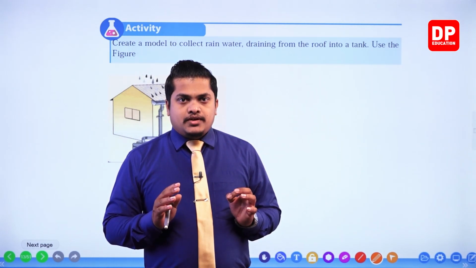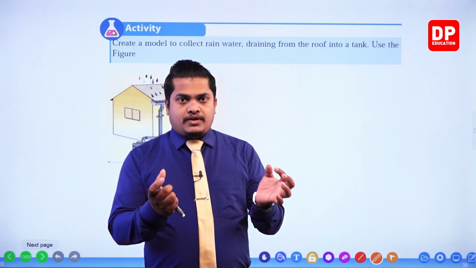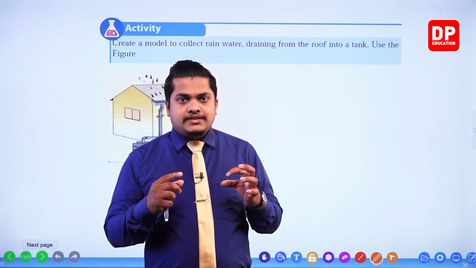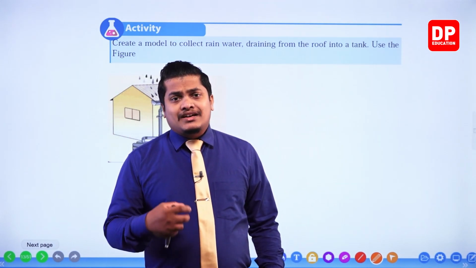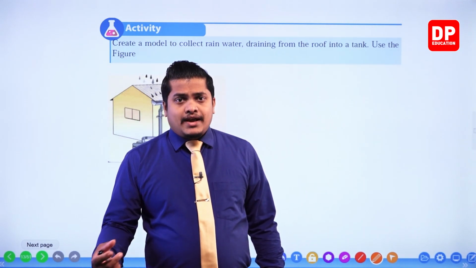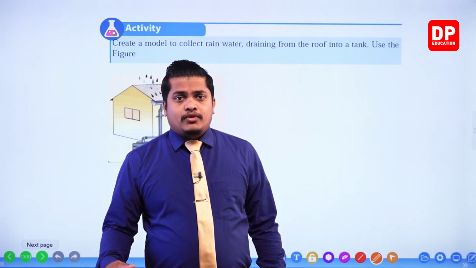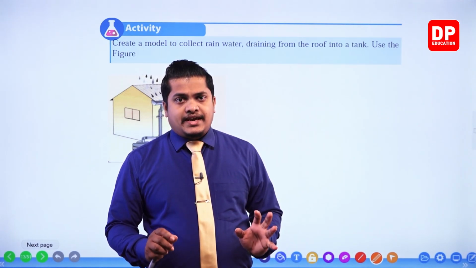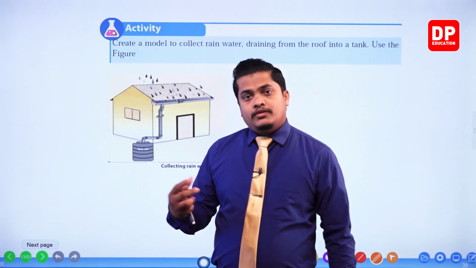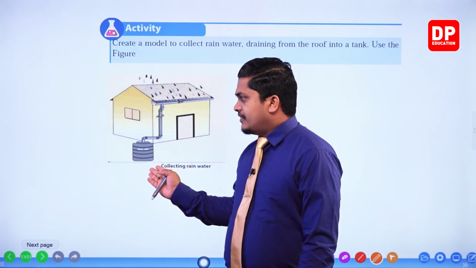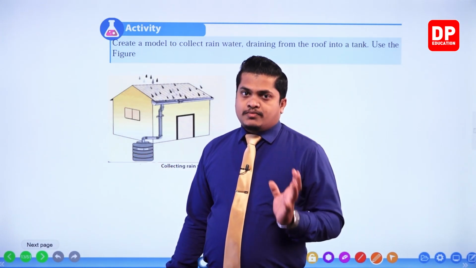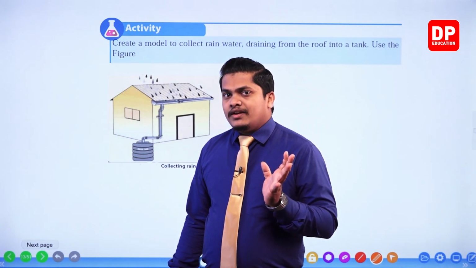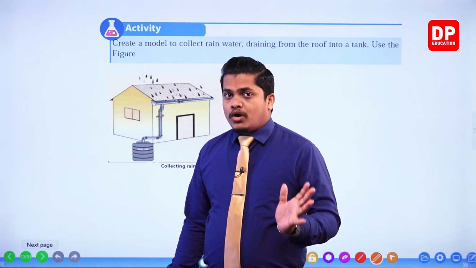Along the roof, at the edge of the roof, you have to create a structure so that it would collect rainwater, and the collected rainwater, through tubes, you can collect into different tanks or one tank like the one given in the figure. It's your responsibility to develop this kind of model.